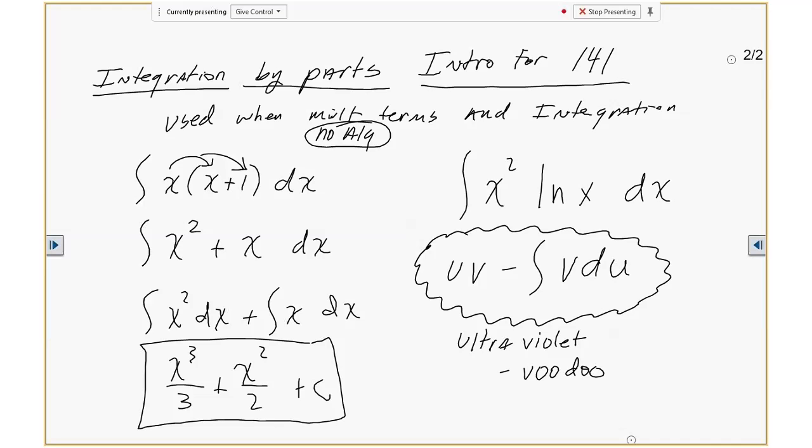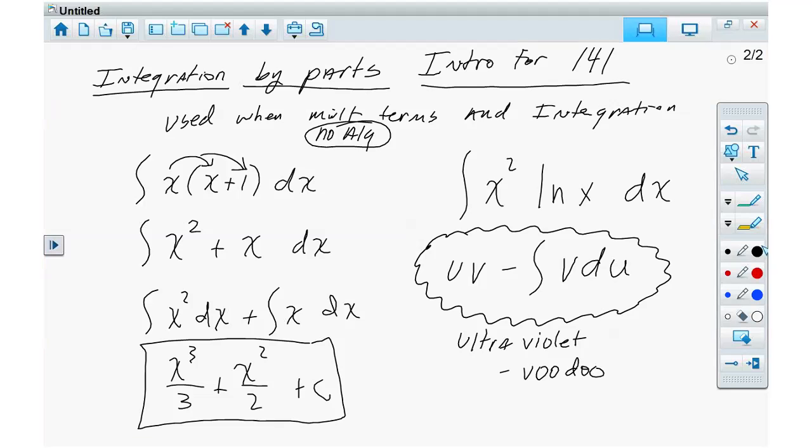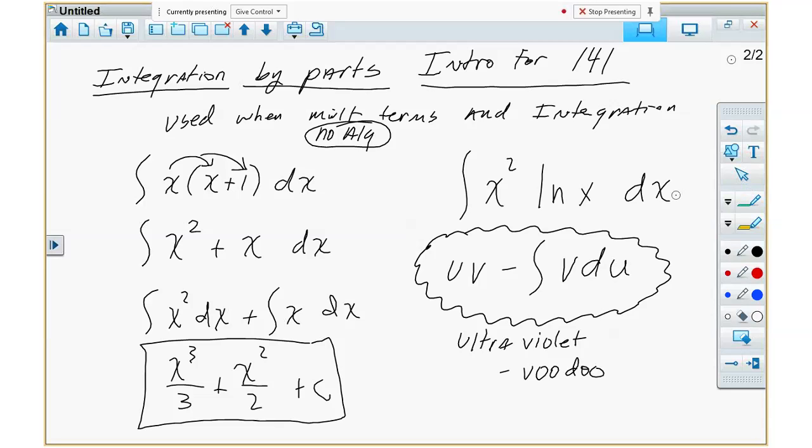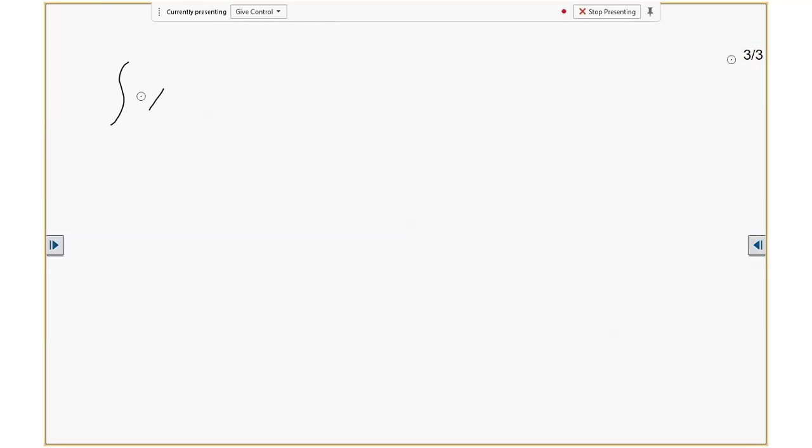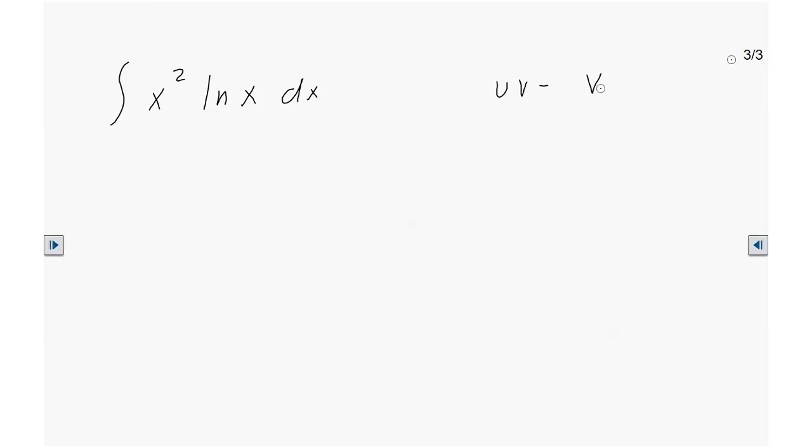All right, so here I'm going to make, and I'm just going to clear this screen. Antiderivative of x squared times the natural log of x dx and ultraviolet minus voodoo.